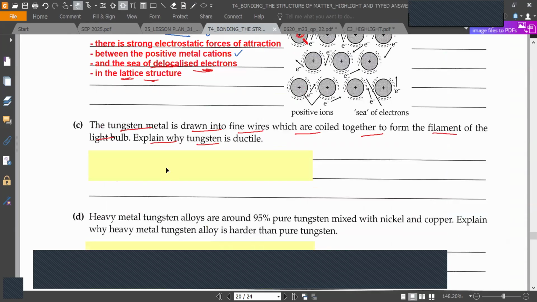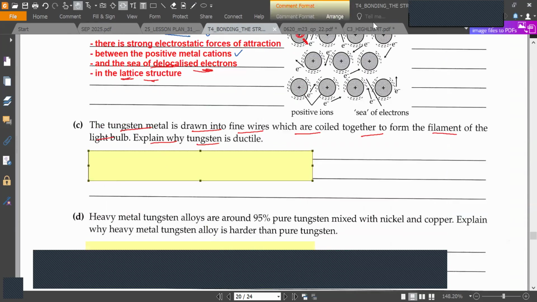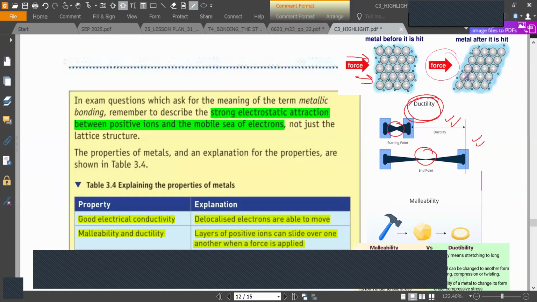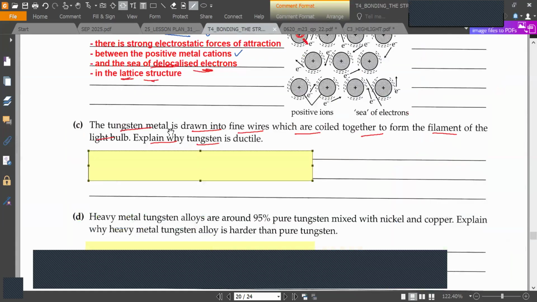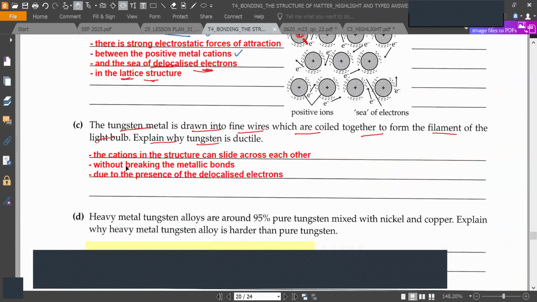Why it is ductile is because the layers of atoms can slide over each other without breaking the metallic bonding.